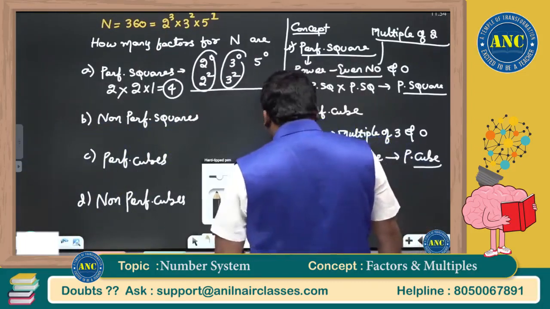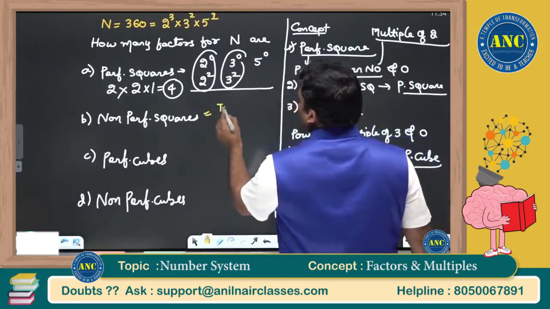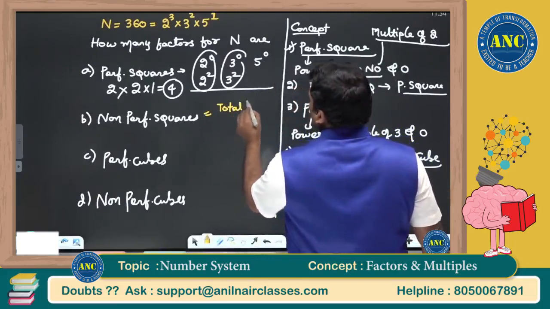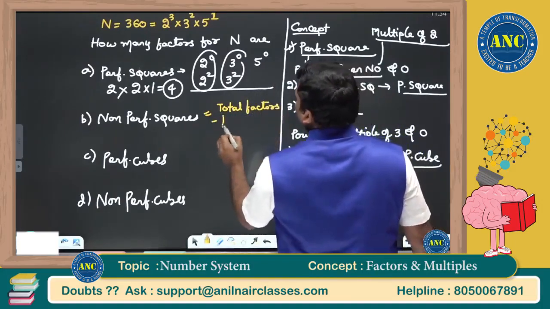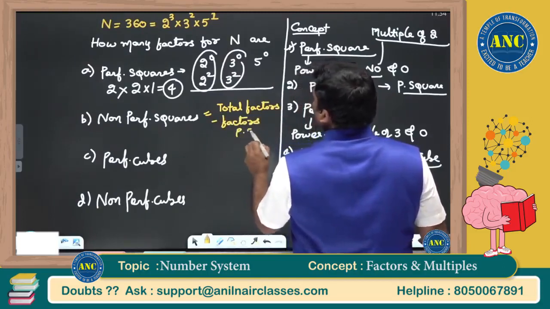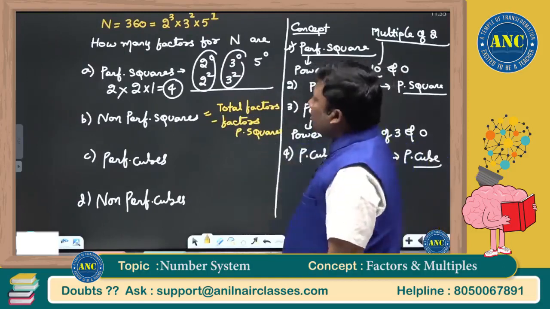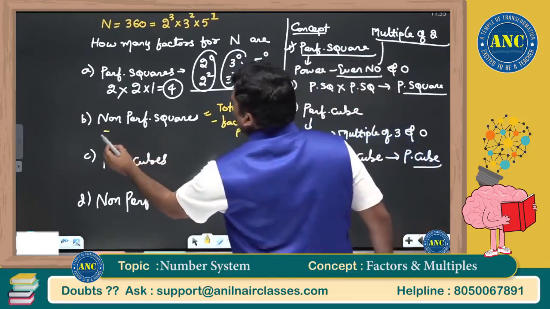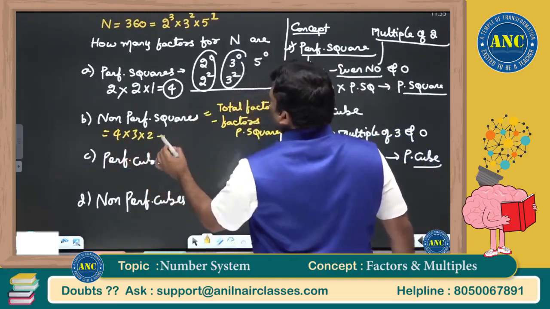Factors which are non-perfect squares: that is total factors minus factors which are perfect squares. Am I right? So total factors will be 4 into 3 into 2, minus 4.